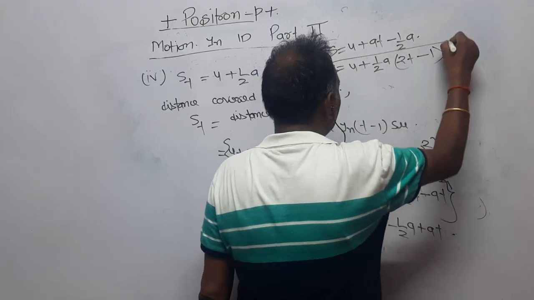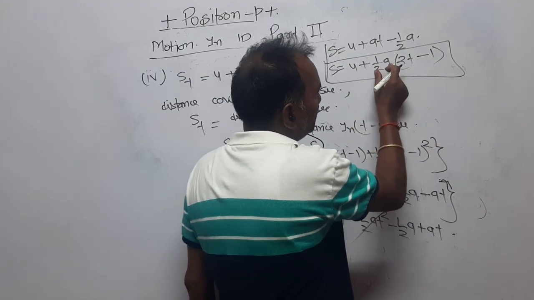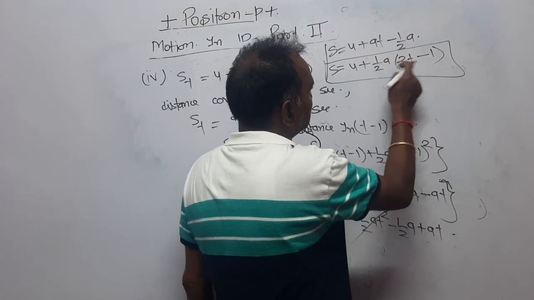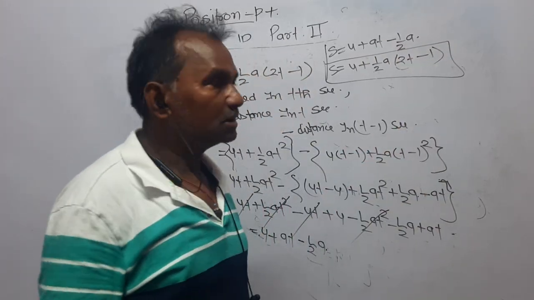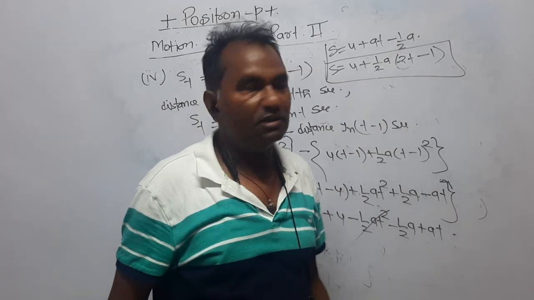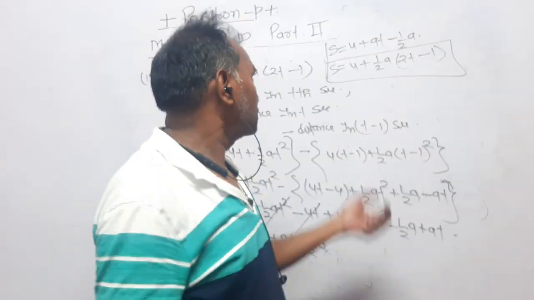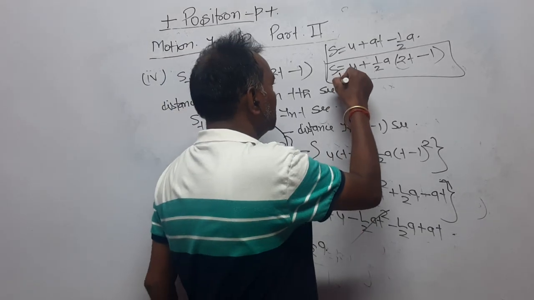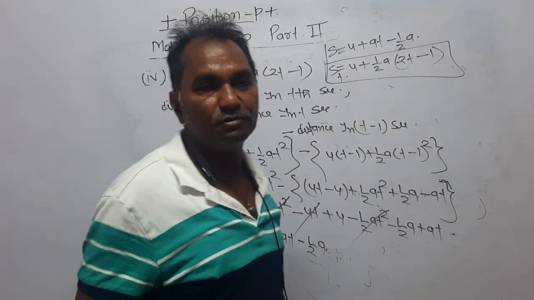Dear student, if you are a bit confused about how I have taken it common, then multiply half a by this. Then you can see it is at, right? And it is minus half a. It means no change is left when you open this equation. So we have got s suffix t, the distance covered in the t-th second, equal to u plus half a into 2t minus 1.